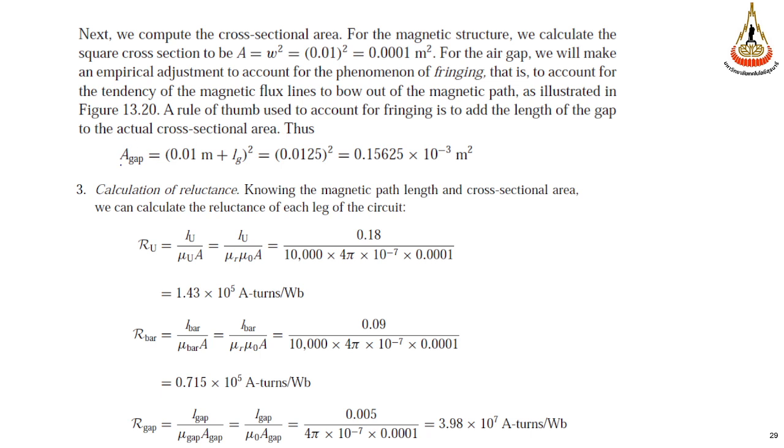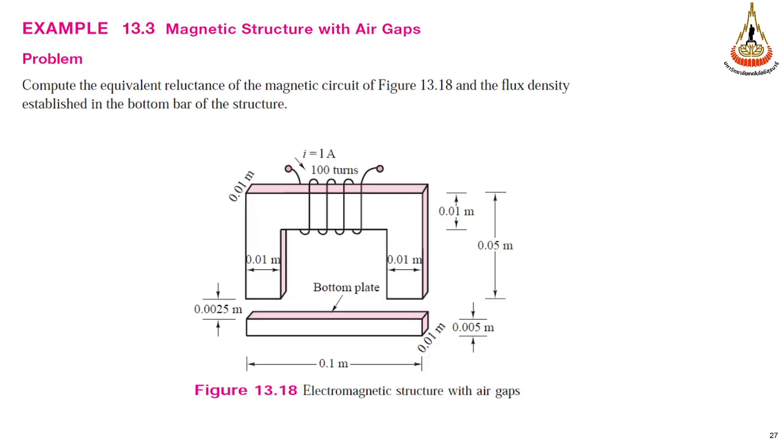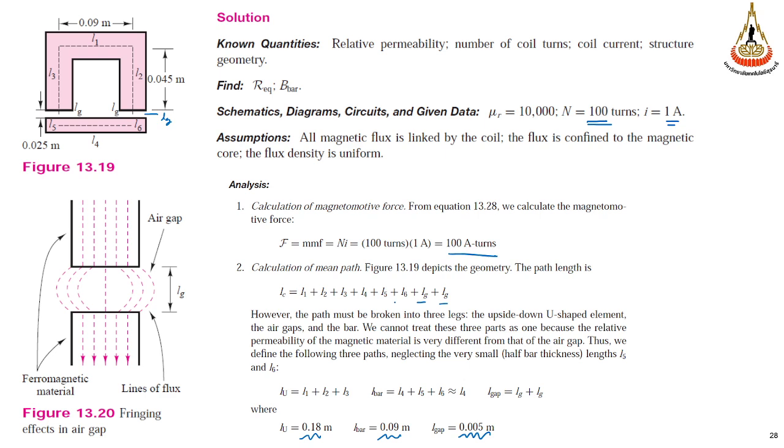So the area of the gap is 0.1 plus Lg, squared, right? Here. This is the area of the gap here. The depth is 0.01, right? 0.01 and 0.01.